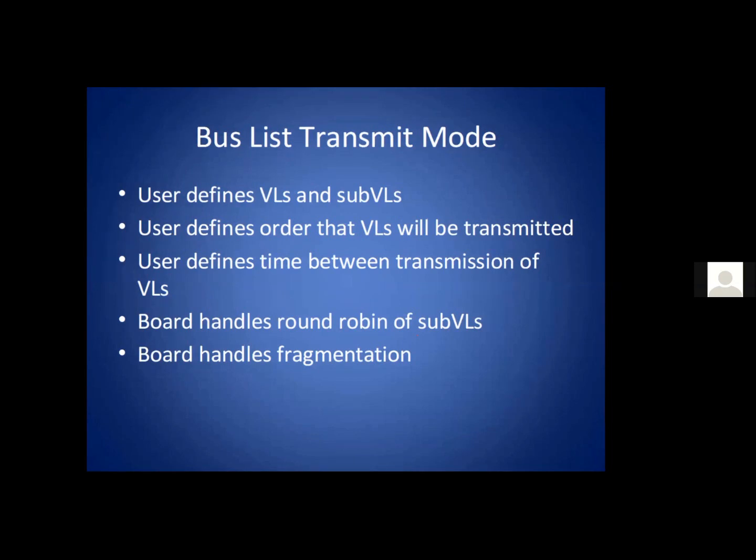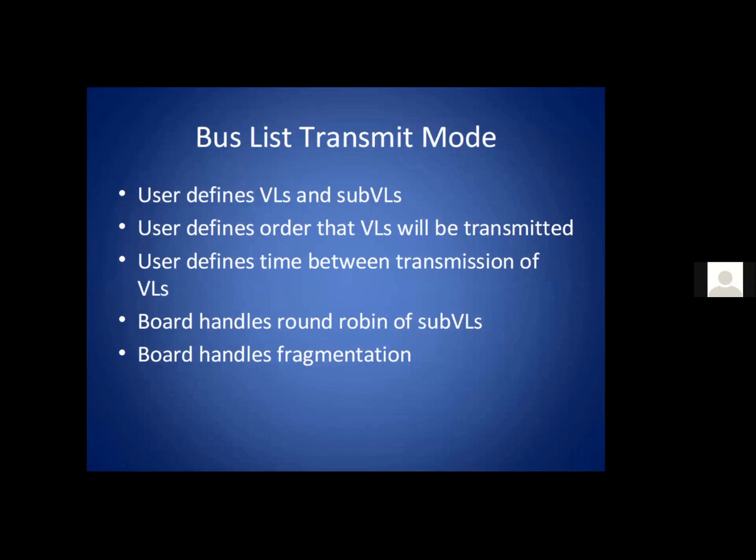Sometimes you want to control exactly what the test is doing. If you want control, then you want to decide the order in which the VLs are going to be transmitted. If we decide and we do the load balancing, you don't have control over that. We decide when they go out.